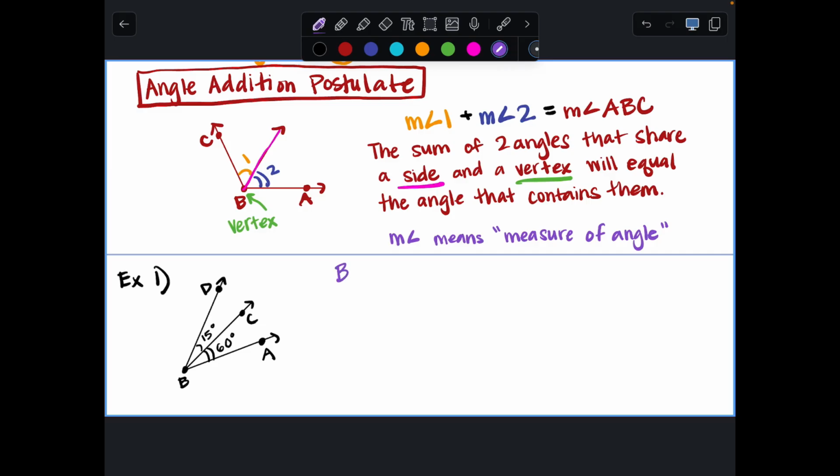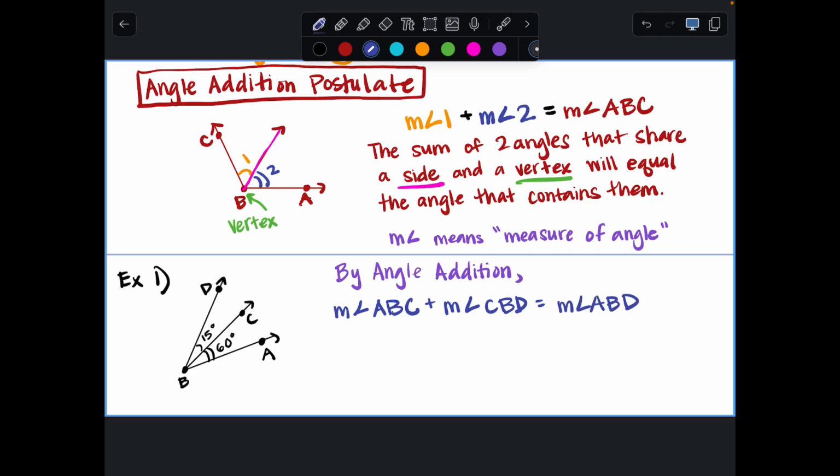So using the angle addition postulate, we know that the measure of angle ABC plus the measure of angle CBD equals the measure of angle ABD.